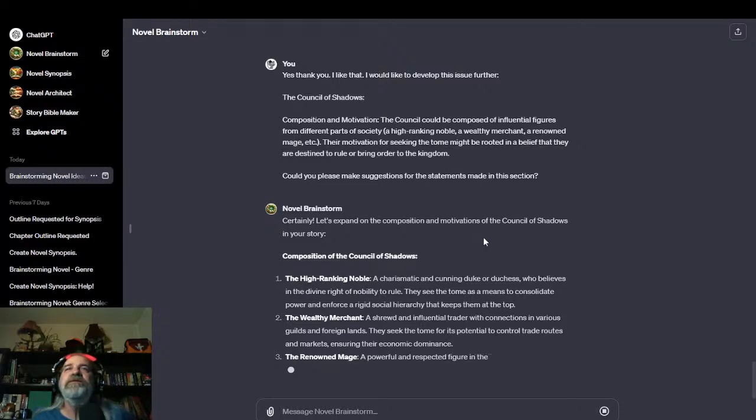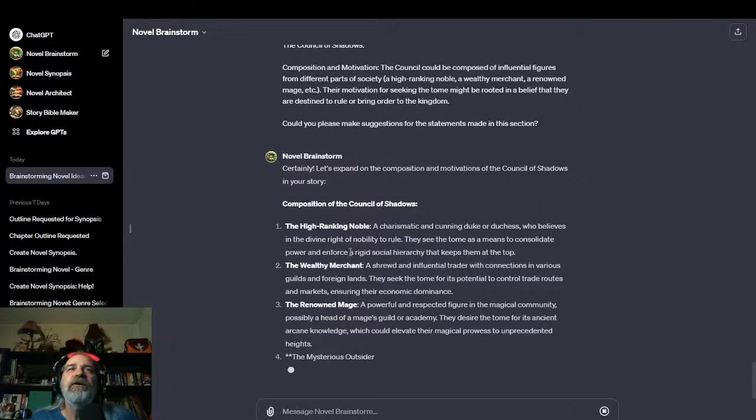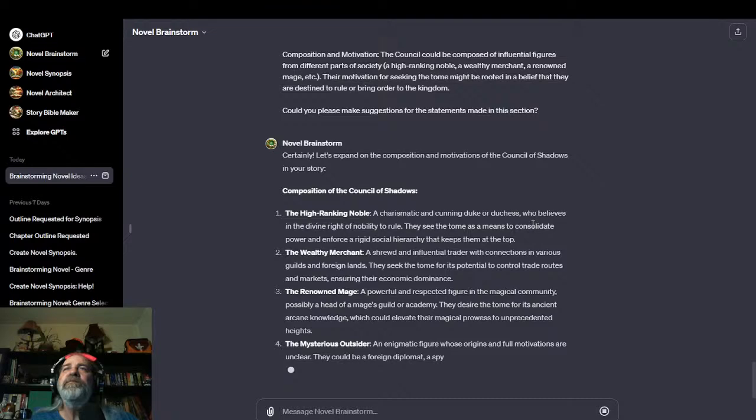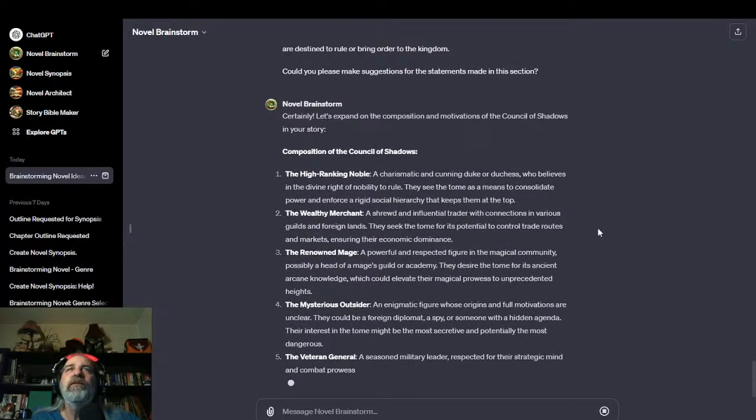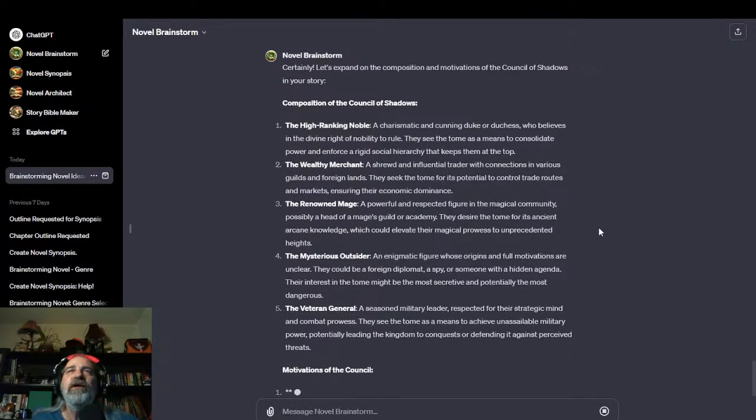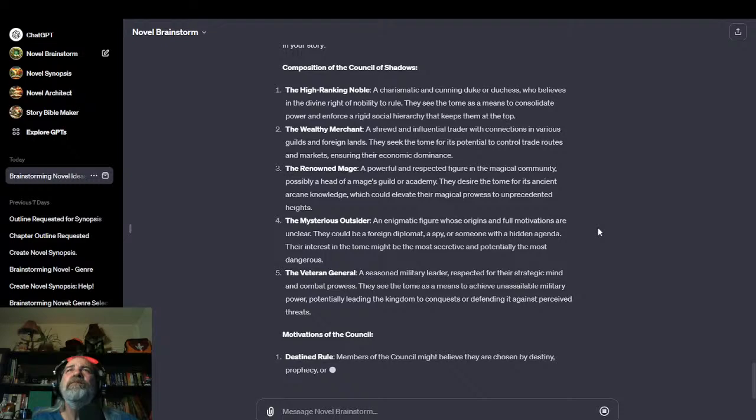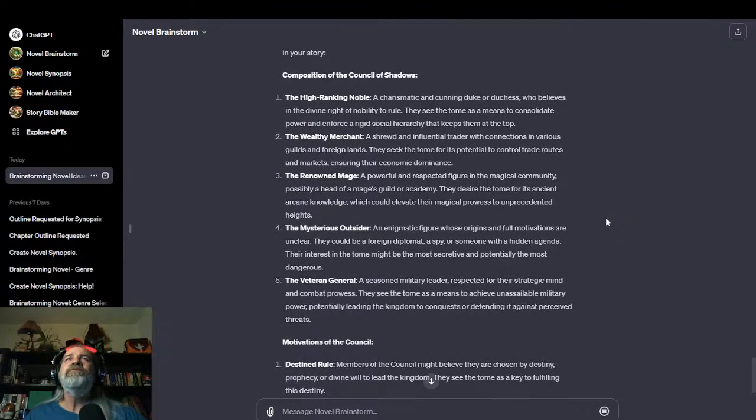All right, composition of the Council of Shadows. The high-ranking noble, a charismatic and cunning duke or duchess who believes in the divine right of nobility to rule. They see the tomes as a means to consolidate power and enforce a rigid social hierarchy that keeps them at the top. The wealthy merchant, a shrewd and influential trader with connections in various guilds in foreign lands.